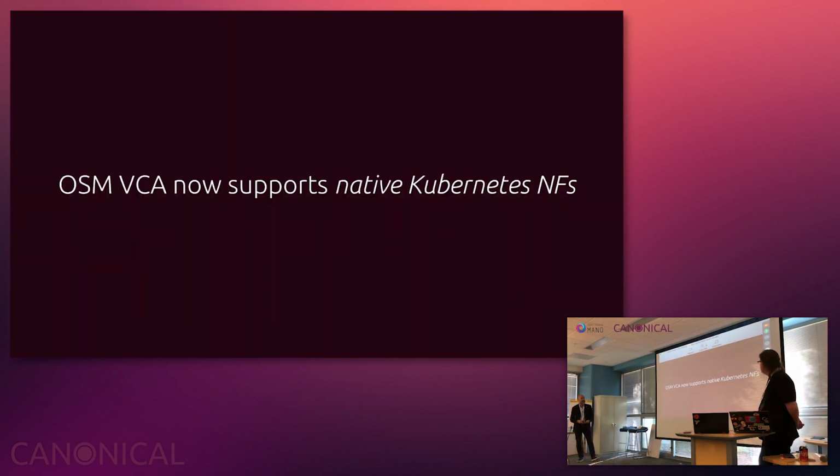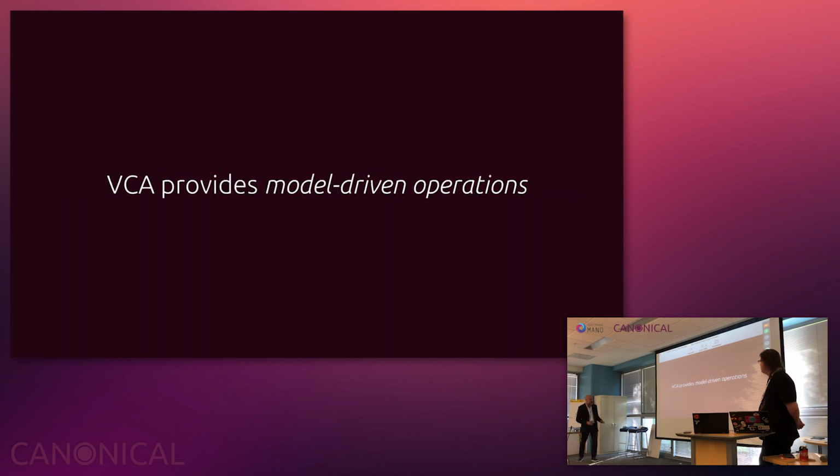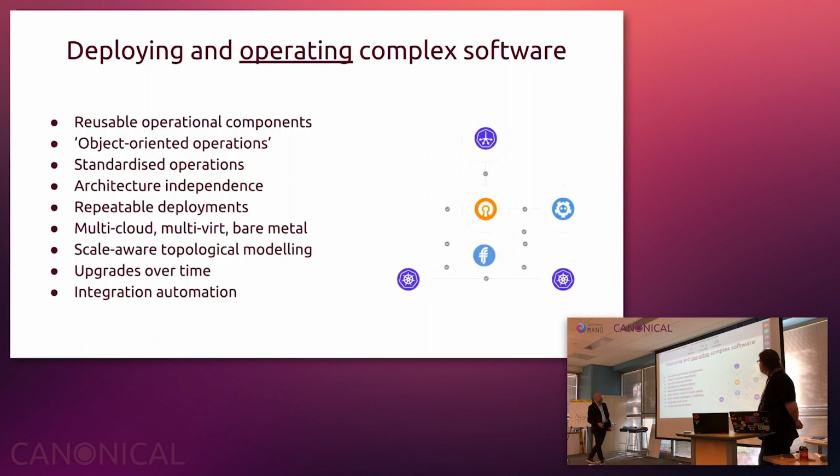So the VCA now supports native Kubernetes network functions. The VCA, Juju, provides model-driven operations. And that's a very nice fit for Kubernetes. With the VCA today in OSM, we use it in a slightly awkward way, but as we move towards Kubernetes, you'll really see what that VCA can do.